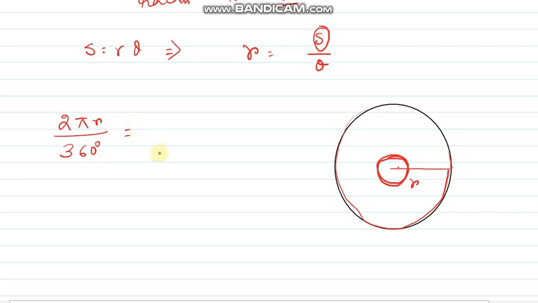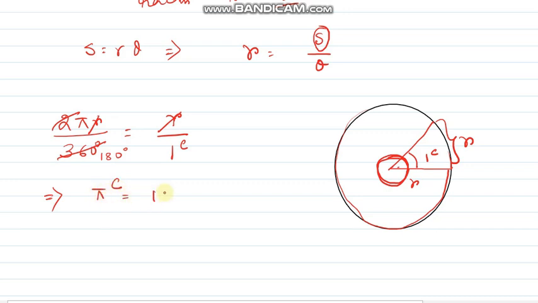And from the concept of radian, if S is r, then theta will be 1 radian. So if I cancel r from both, I get that pi radian equals 180 degree. Many times you will get confused in this: pi radian equals 180 degree.